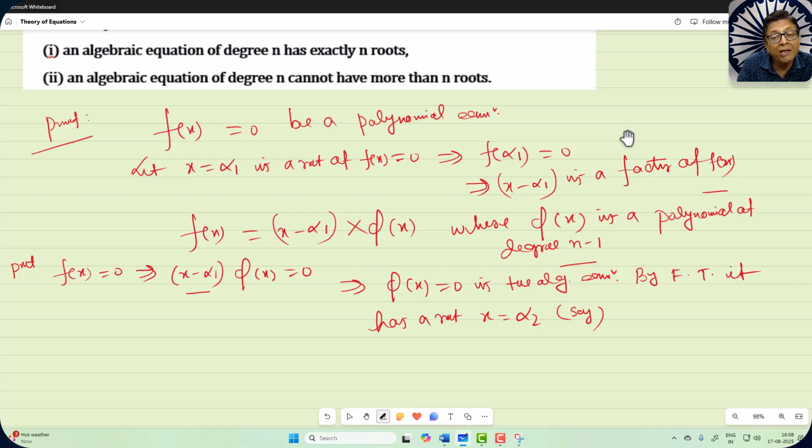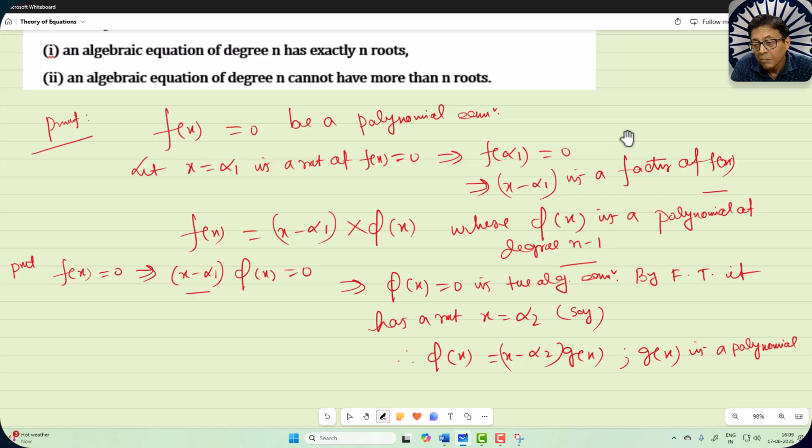Then phi(x) can be written as (x minus alpha 2) into some other function, say g(x). What about g(x)? g(x) is a polynomial of degree n minus 2.